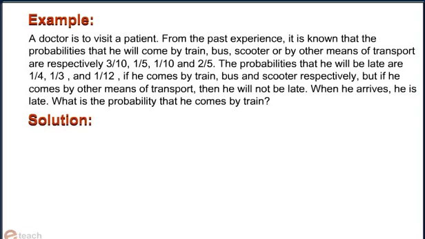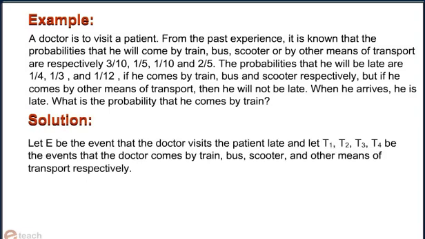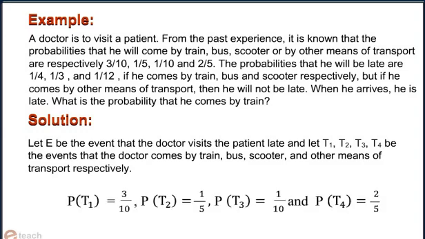Solution. Let E be the event that the doctor visits the patient late, and let T1, T2, T3, and T4 be the events that the doctor comes by train, bus, scooter, and other means of transport respectively. Then probability of T1 is 3/10, probability of T2 is 1/5, probability of T3 is 1/10, and probability of T4 is 2/5.